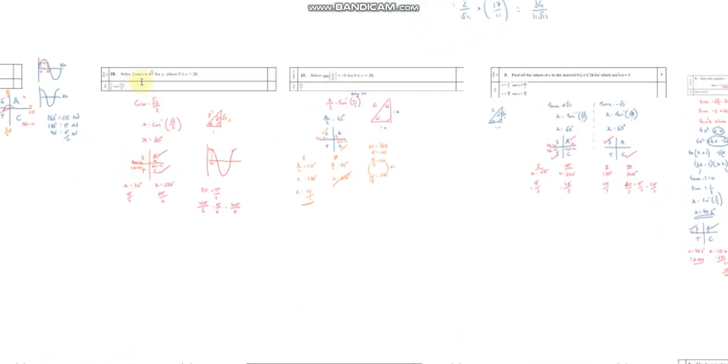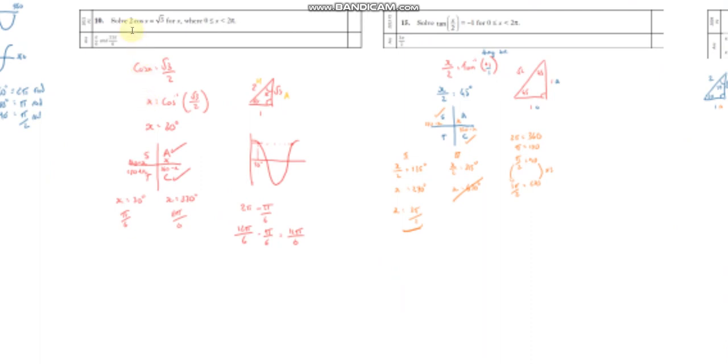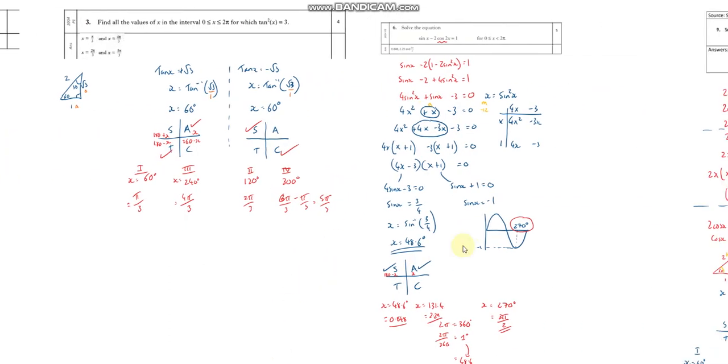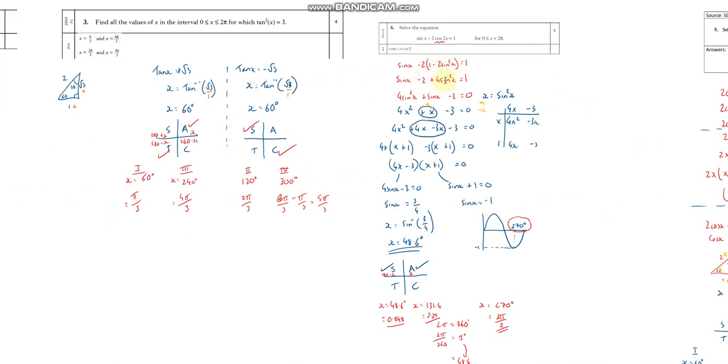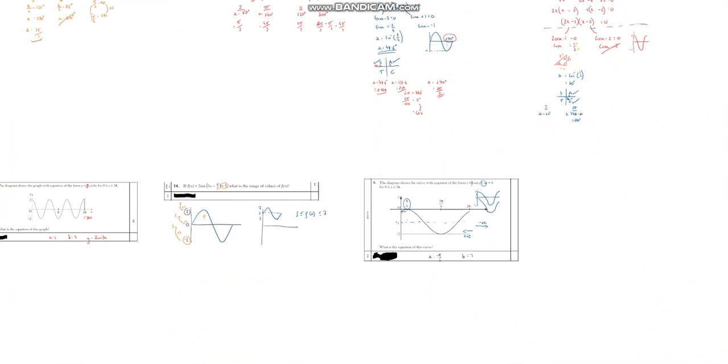So from the very easy ones like this, where you've got 2 cos x, to the slightly trickier ones where you've got to do your formula and then do the factorizing, and then finally with the graphs as well.